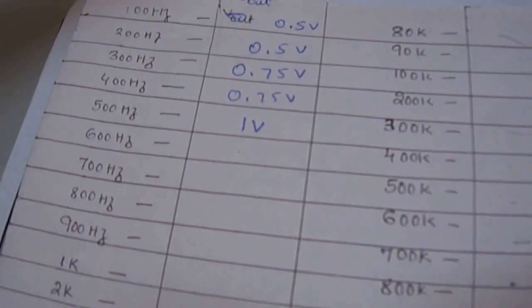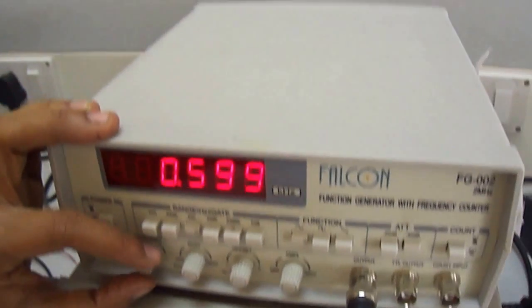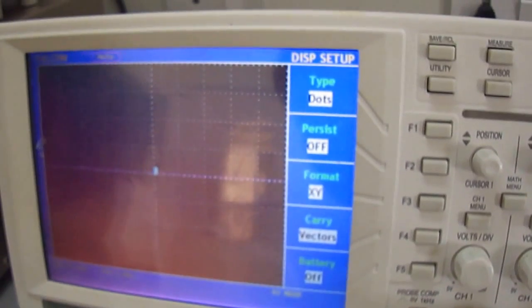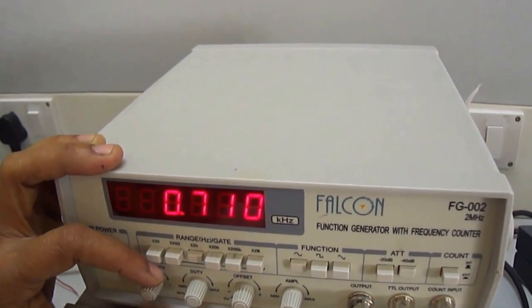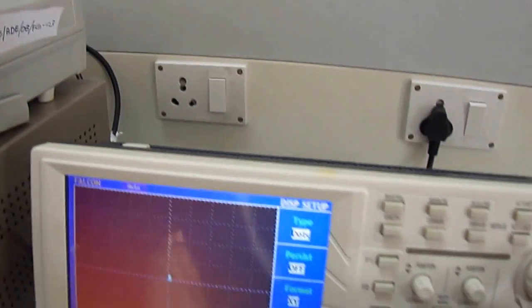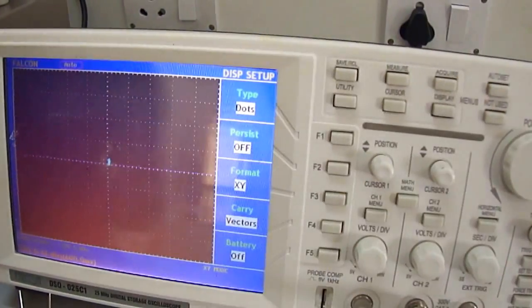Next is 600. At 600 hertz, 1.25. Next is 700. At 700, 1.5.